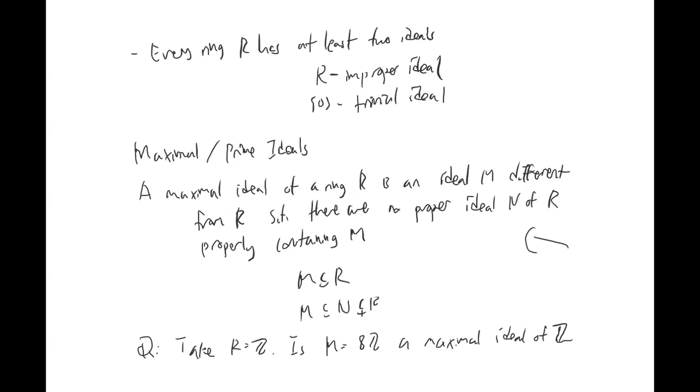Is there some bigger ideal that's not Z itself that contains 8Z? Yeah, 4Z, and 2Z. So 4Z is also not maximal, since it's contained in 2Z. So no, because 8Z is contained in 4Z. These are all multiples of 8, and these are all multiples of 4. Everyone clear on this?